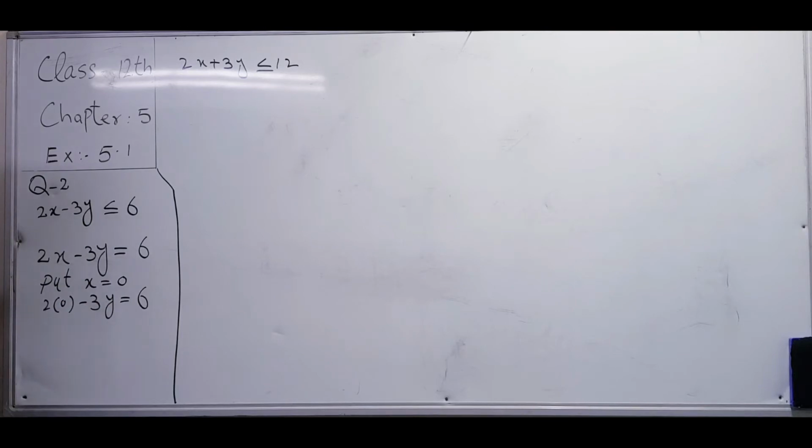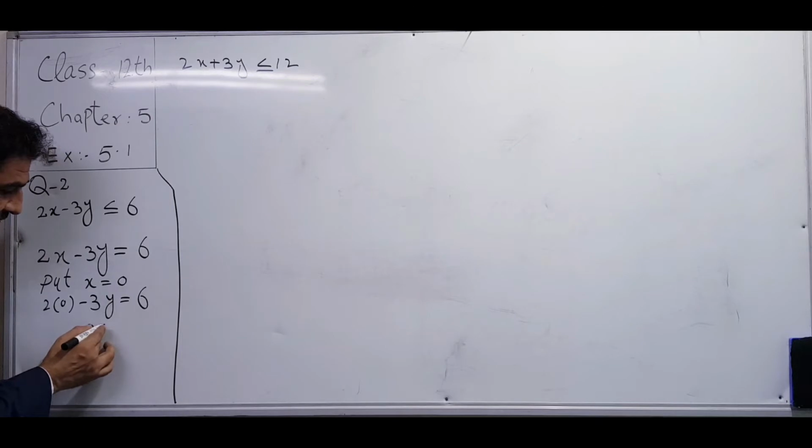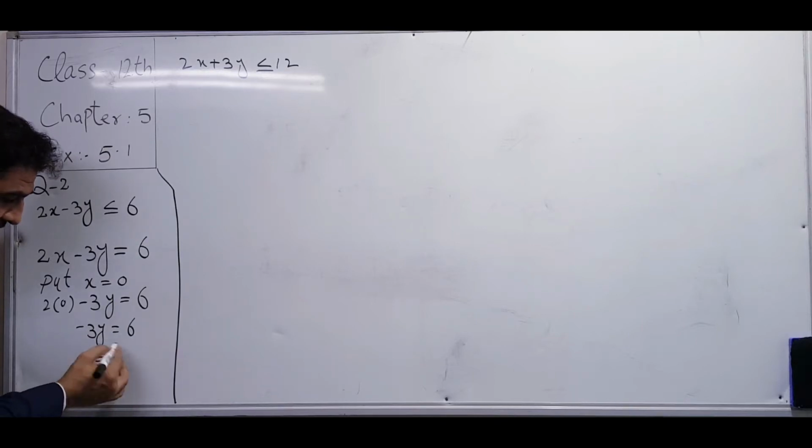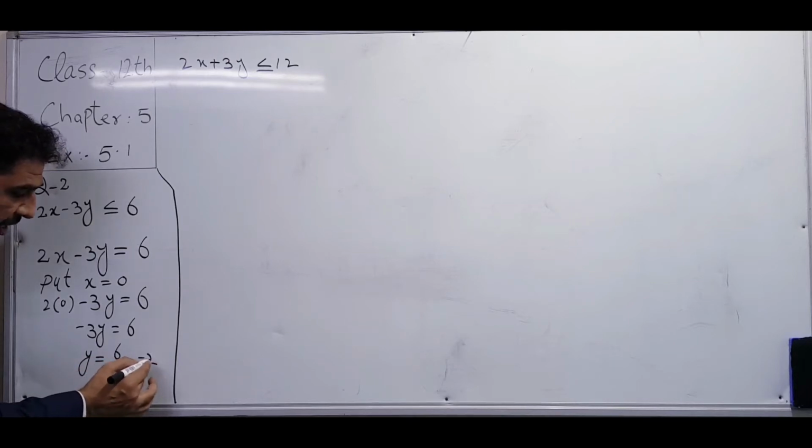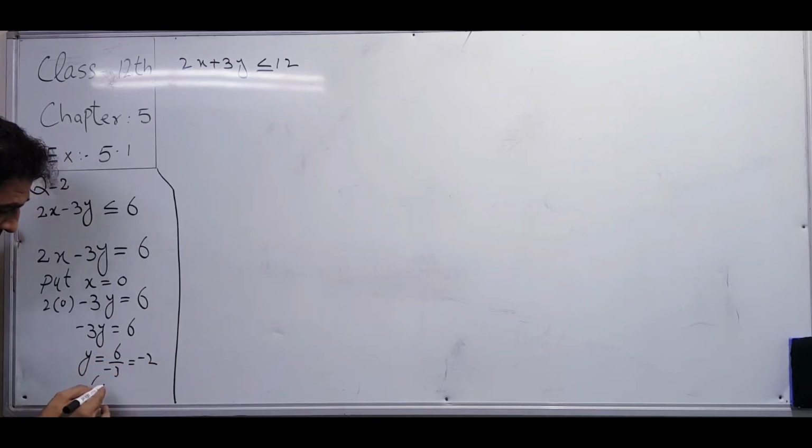Then more simplification. So minus 3y is equal to 6. The value of y will become, after dividing 6 by minus 3, minus 2. So we will get the ordered pair.